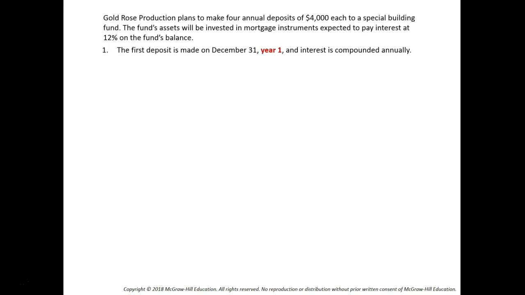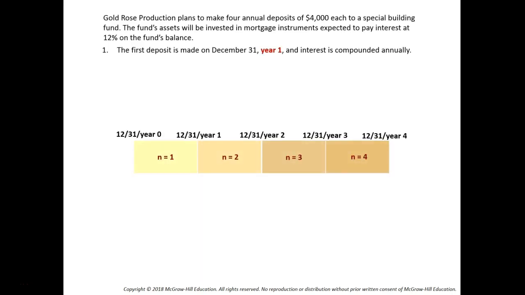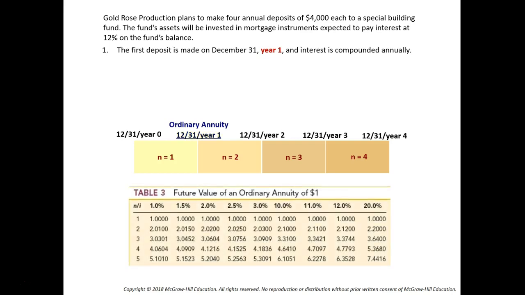Interest is compounded annually, and interest earned is withdrawn at the end of each year. So let's look. When the first deposit is made on December 31st, year 1, and interest is compounded annually, you'll see this is an ordinary annuity because it's paid at the end of the period.